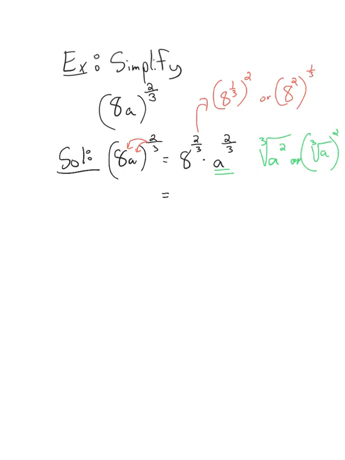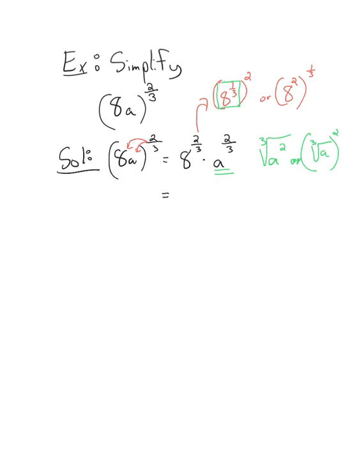Well, my thought here is that it's easier to take the cube root of a smaller number than it is a larger number. So maybe I want to take the cube root first. So I think this will be what we'll do first and then square it.